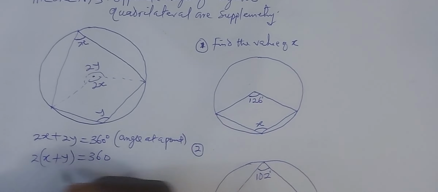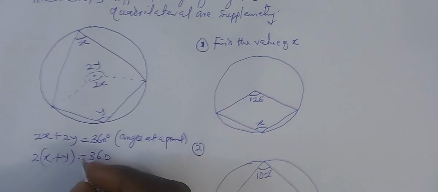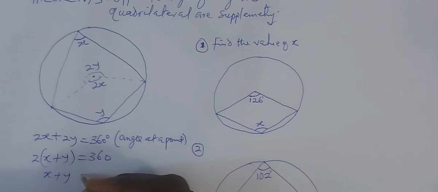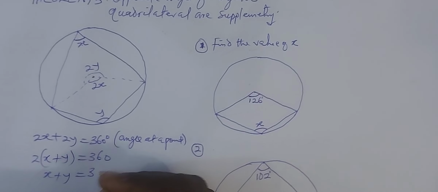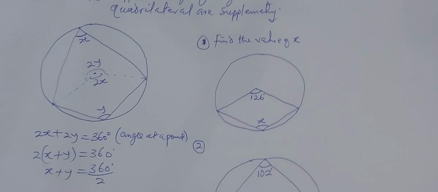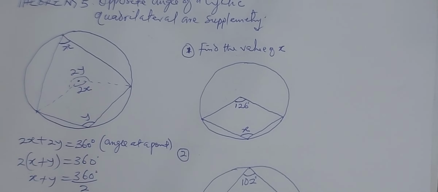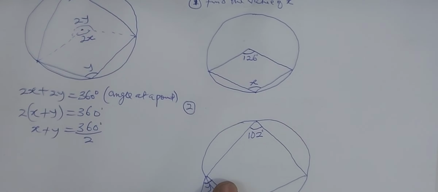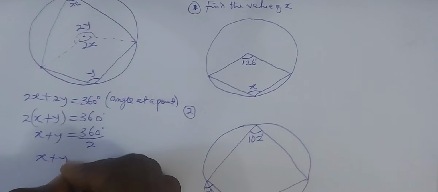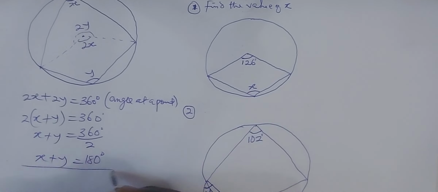And so divide both sides by 2 to clear the coefficient. You will now have x plus y equal to 360 degrees divided by 2. Automatically, you will have the value of x plus y to be 180 degrees.